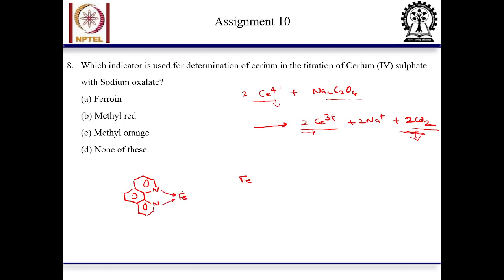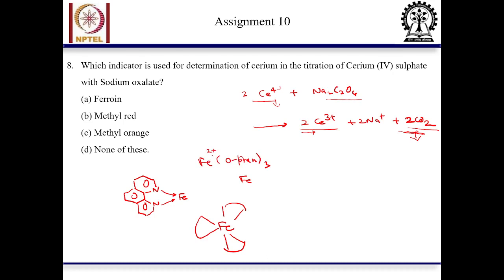You have three of them: one, two, three. So basically it is Fe(o-phen)3, phen thrice.